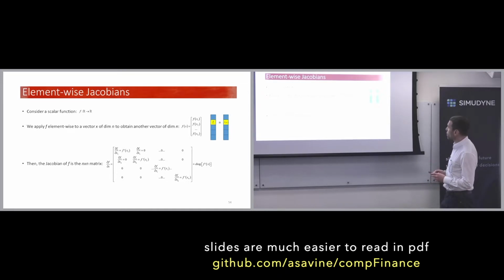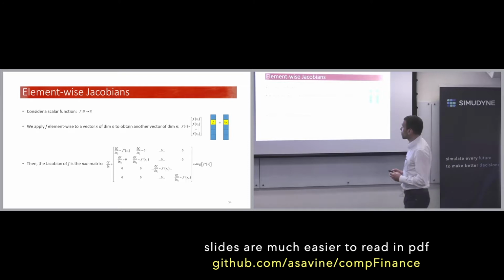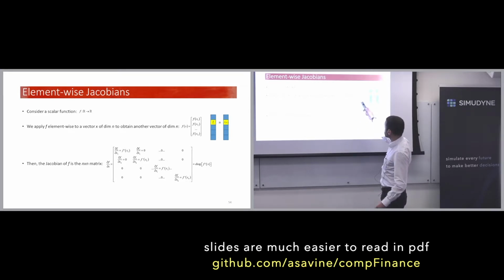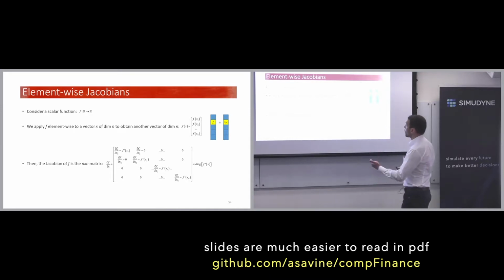Now, something that we use a lot as well is a particular case of a vector-to-vector function where we apply a scalar function element-wise, right? This is what we do with our activation functions. So then we have a scalar function f that we apply element-wise to a vector x to find another vector, right? So what is its Jacobian? Well, obviously, fi only depends on xi, and it's actually equal to f of xi.